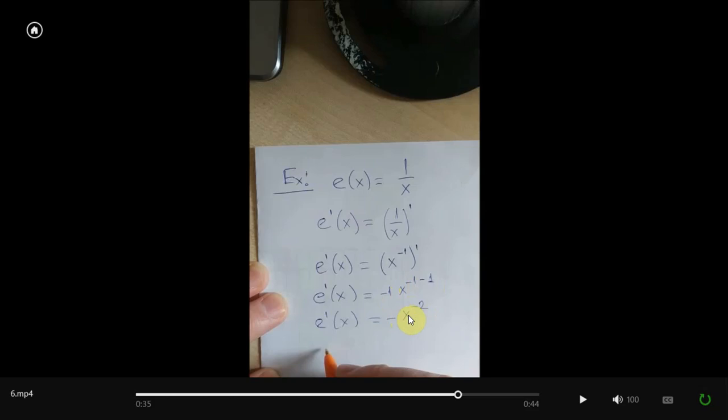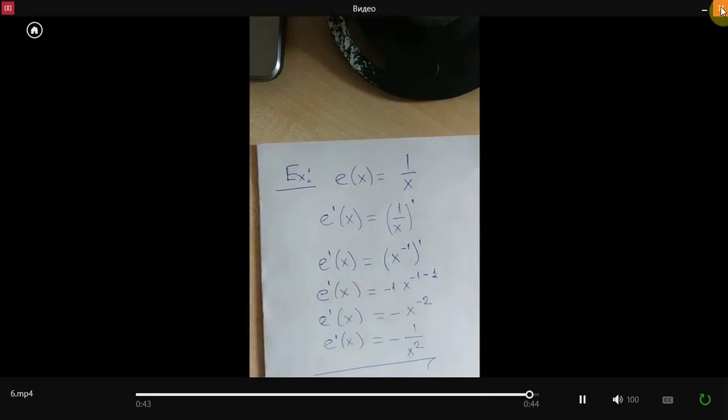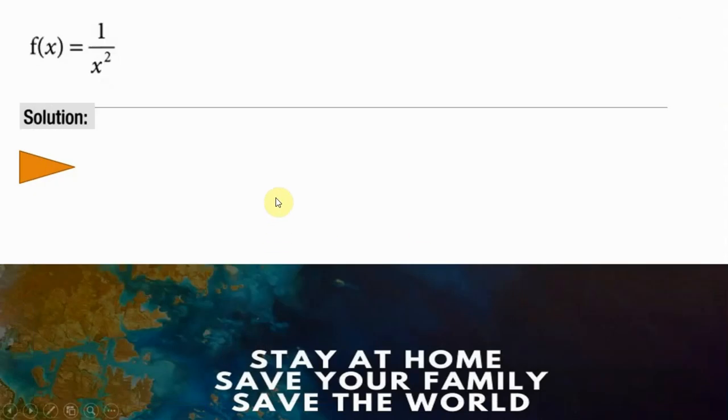Here the answer is minus x to the power of minus 2. If we change to fraction form, the minus power becomes plus, and we write it as a fraction: minus 1 over x to the power of 2. So that's our answer.